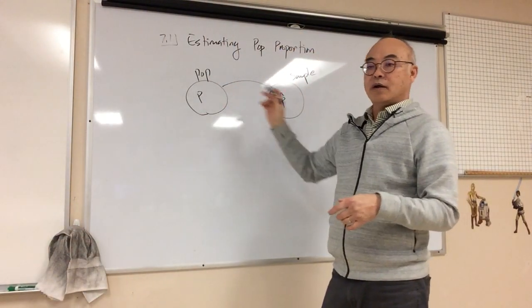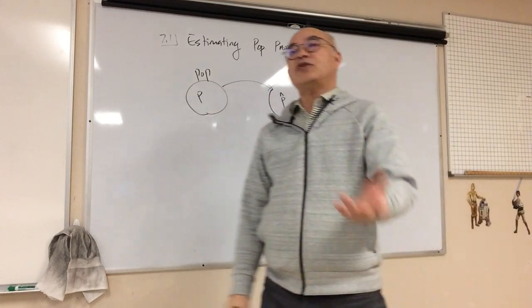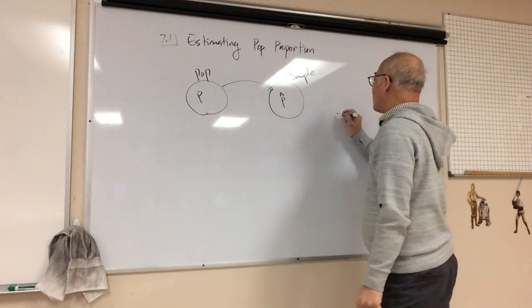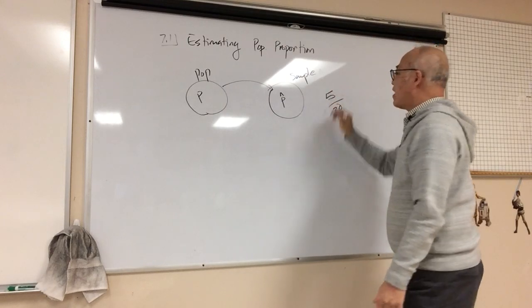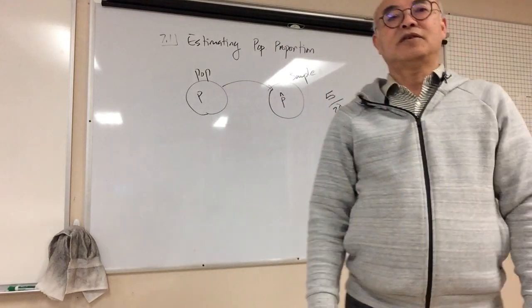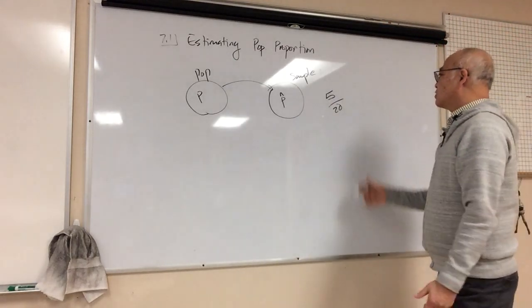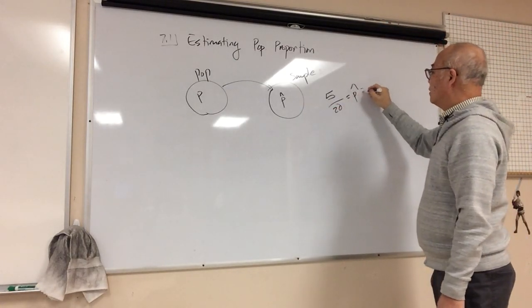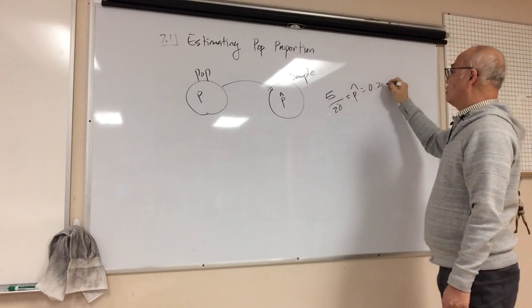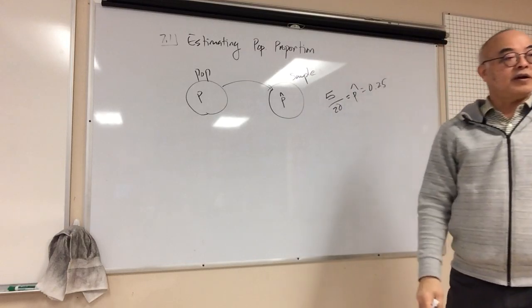Okay, all right. The question is this. So if we do 20, and let's say that I had, I don't know, 5 blue eyes. Okay, so 5 of them were blue, which means that my p hat is equal to what? 0.25, right?